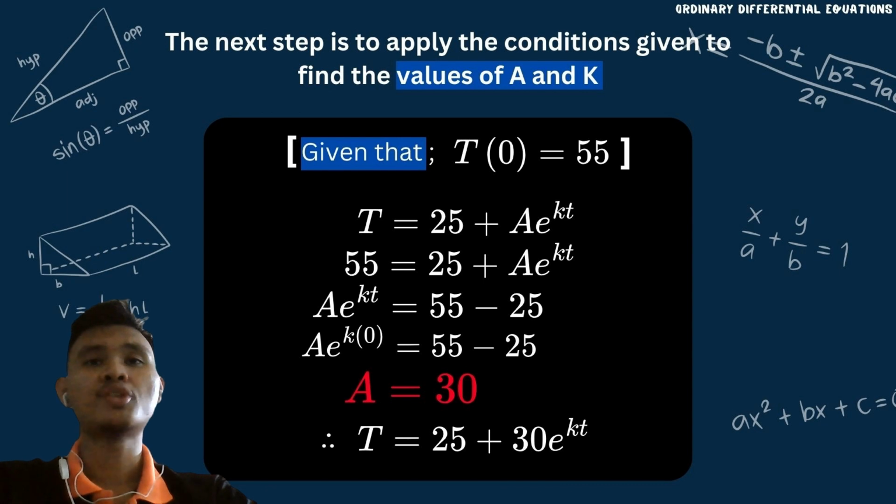From here, we can match both equations, solve them, and don't forget to replace t with 0 from the given conditions. So, we get the value of A equals 30. Hence, our general solution becomes T equals 25 plus 30 e^(kt).